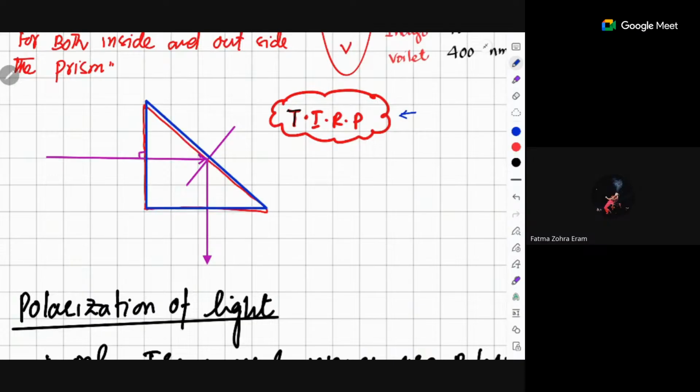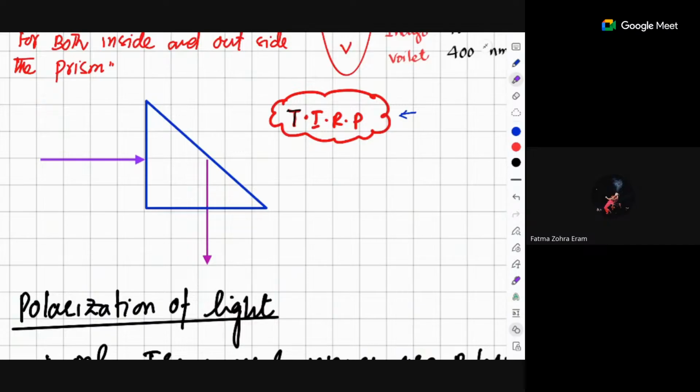Let's say this is a prism, and in that prism, we have the light incident from different sides. Suppose the light is incident at this surface. Now my question is, will this light bend? Will it deviate?